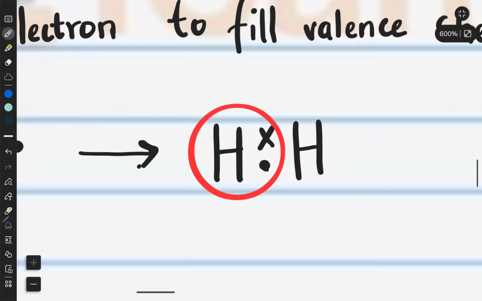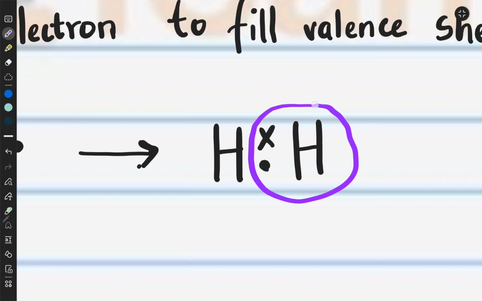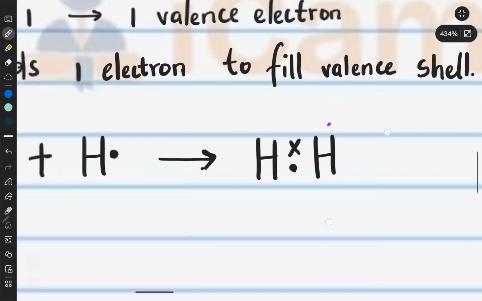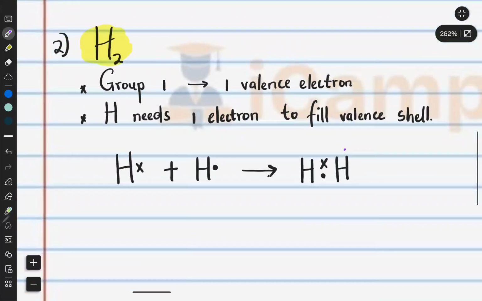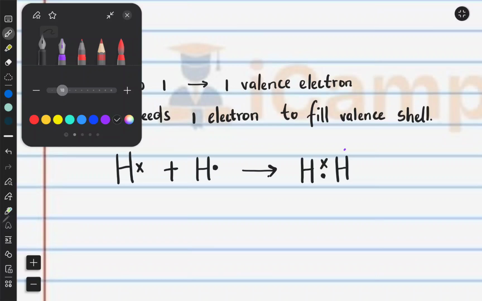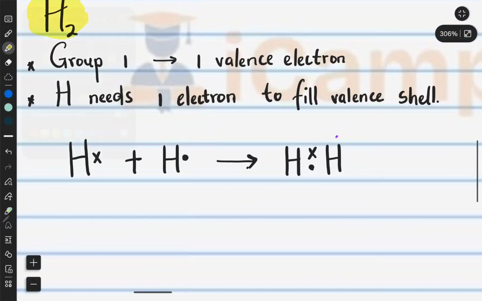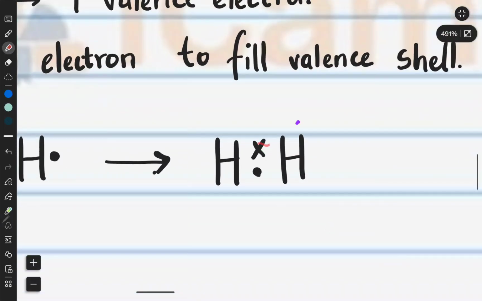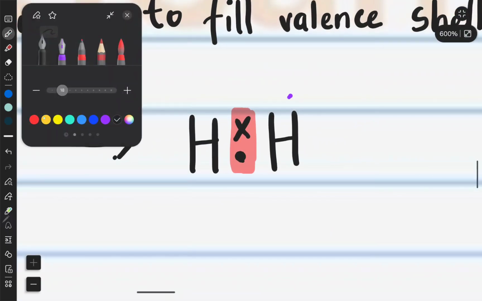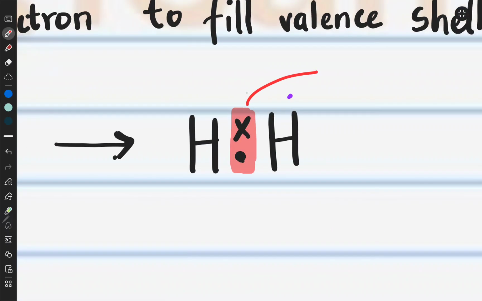If we look at only hydrogen 2, it will also have 2 electrons in its outer shell. So for this covalent bonding of 2 hydrogen atoms to form the hydrogen gas molecule, what we notice is that there is a bonding pair, which is this one in the middle, but there are no lone pairs here. This is our bonding pair.